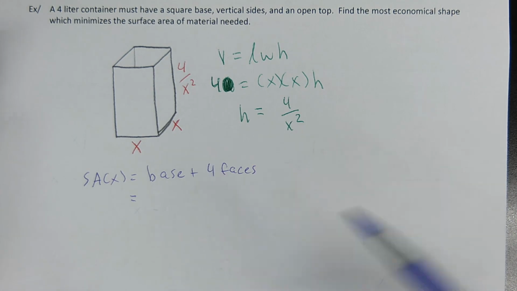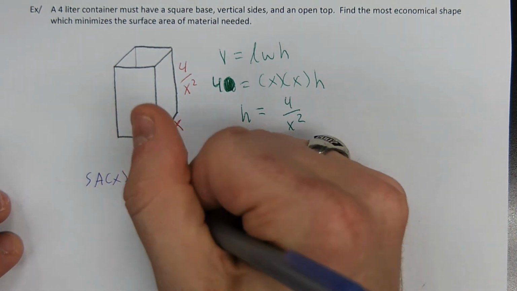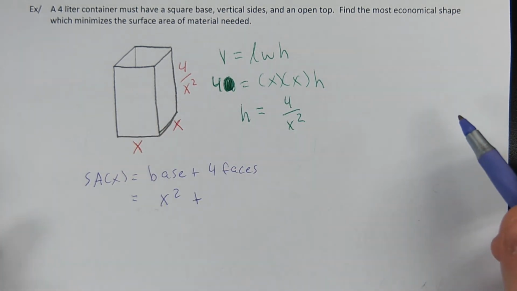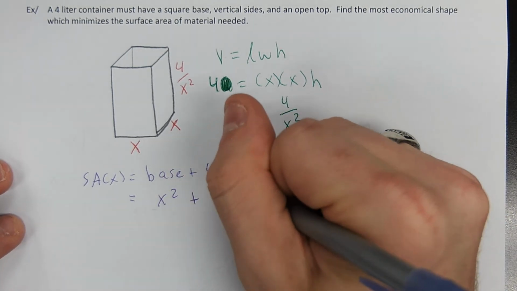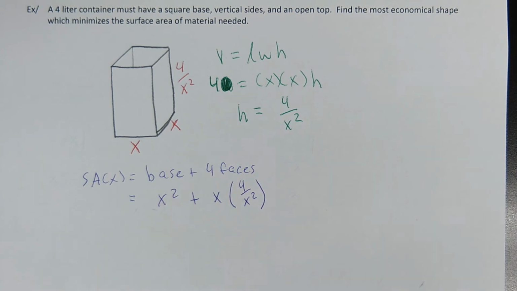And the area, since we're talking about surface area, we're talking about the area of the base, would be x squared, x times x. And the area of the 4 faces would be x times 4 over x squared. Sorry? Yep, thank you.